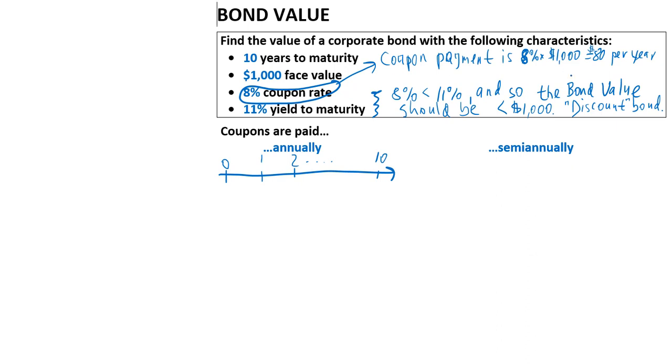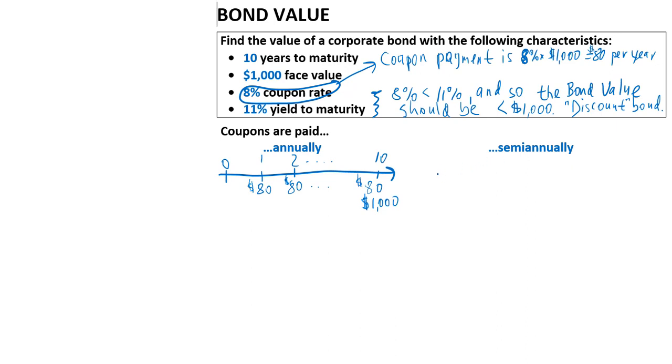The $80 coupon payment is what the company will be paying every year back to the investor. And the $1,000 face value is another thing that the company will pay back to the investor at the very end when the bond matures.